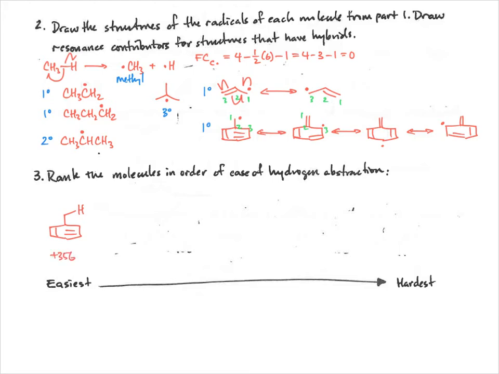Now it's important for you to understand what these numbers mean: the ease to abstract that specific type of hydrogen. Again, I've been asking you throughout this semester, how many unique sets of hydrogens does a molecule have? How do you classify them?